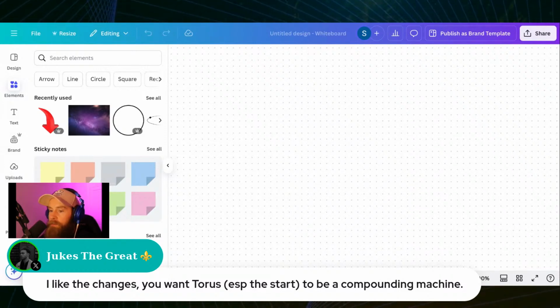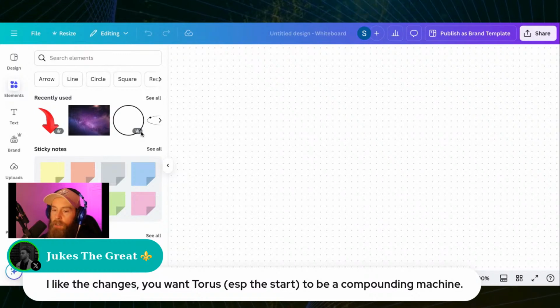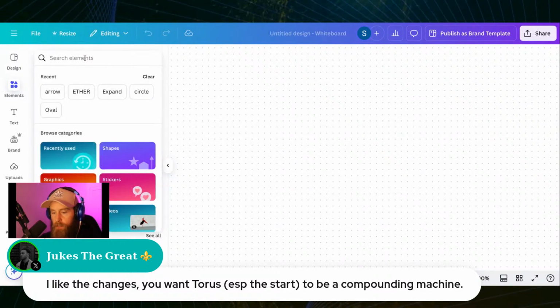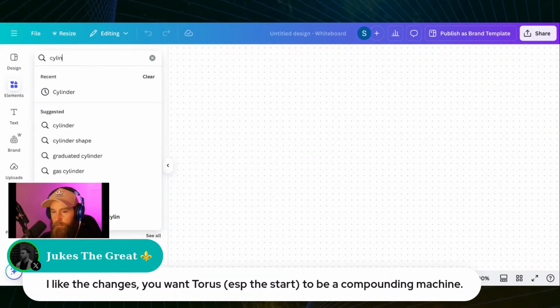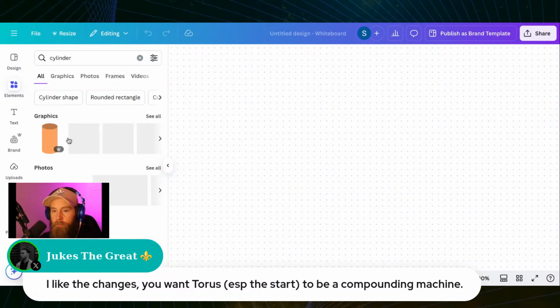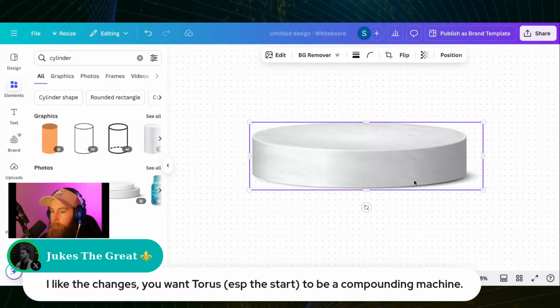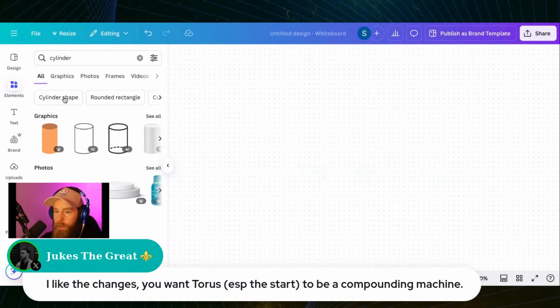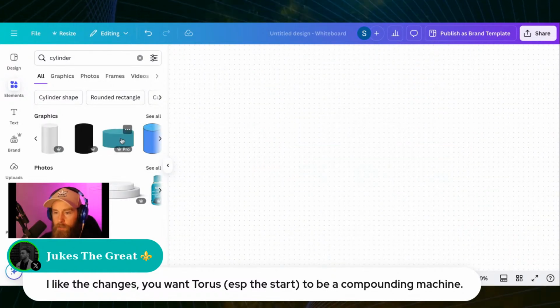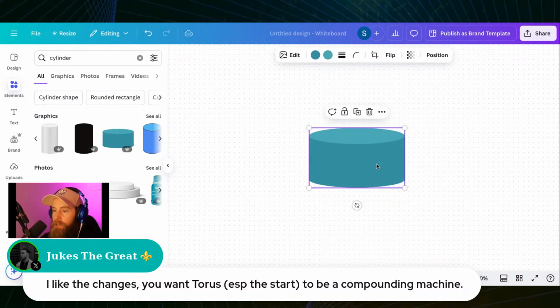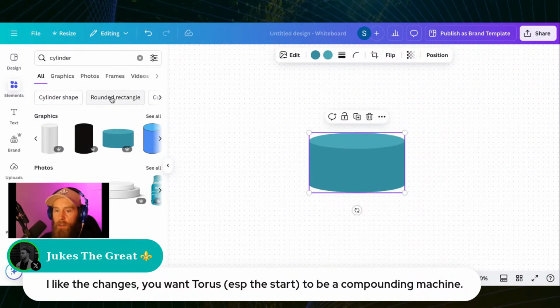So where is Canva here? I want the cylinder. I want you to imagine that this here is, is this just a hockey puck? I think it's just a white hockey puck or something. Let me get an actual cylinder here. Okay. So here is all of the yield.